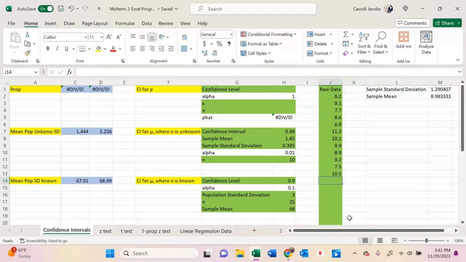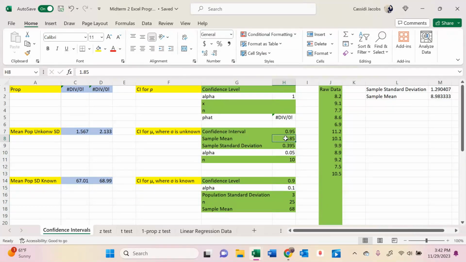So now you will see over here, it gives us from the raw data our sample standard deviation and our sample mean. When we're given raw data, we should know that we need to go in here and use the mean, population unknown standard deviation, because we're going to use the sample standard deviation that comes from our raw data. The confidence level we were asked for was 95%, so we put in 0.95.